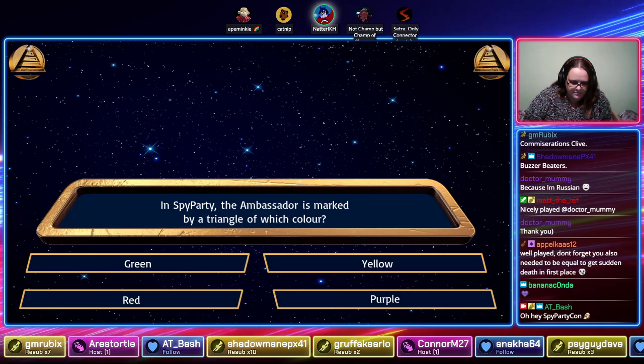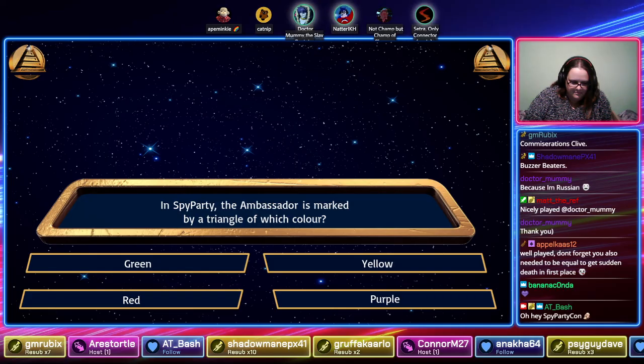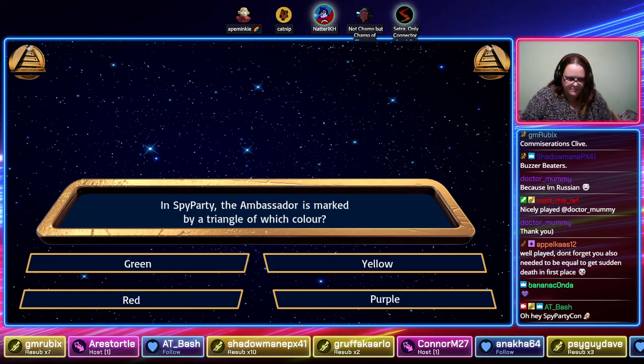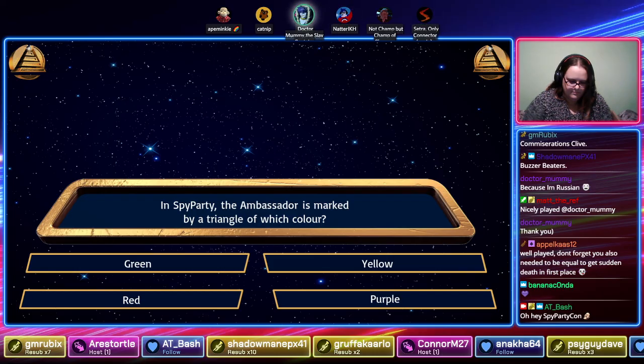I'm starting to think that it might be yellow. I'm trying to remember it there. It might be yellow. I'm not particularly sure or confident on it.